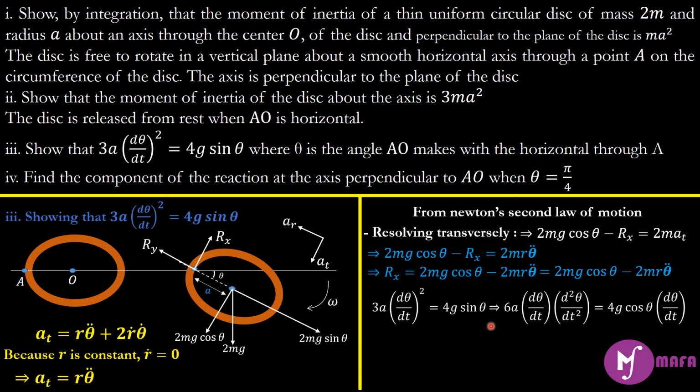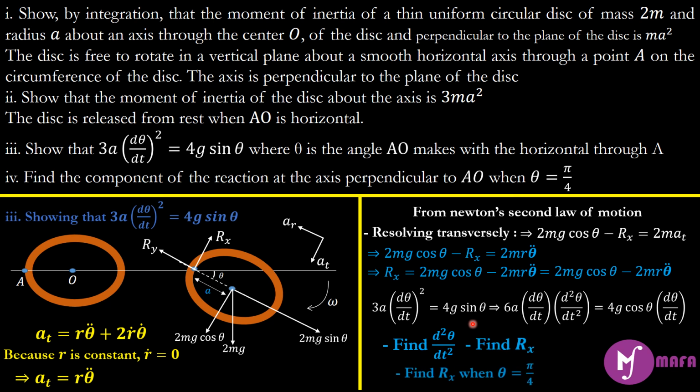If we differentiate the left hand side with respect to time, we drop the power, we have 6a, then we differentiate the interior, we get d squared theta by dt squared, and we multiply it with d theta by dt to the power 2 minus 1. If we differentiate the right hand side, we get 4g sin theta and then d theta by dt. That is the chain rule, since we are differentiating a function of theta with respect to time.